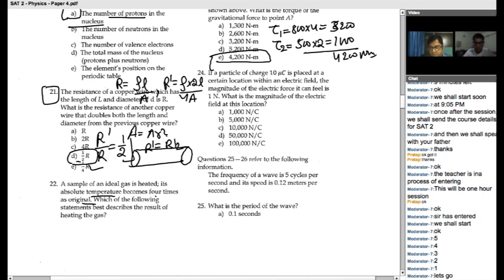One microcoulomb is 10 to the power minus 6. So the answer is 10 to the power 5 Newton per coulomb, because the 10 is also there, 10 into microcoulomb, which is 10 to the power minus 6.